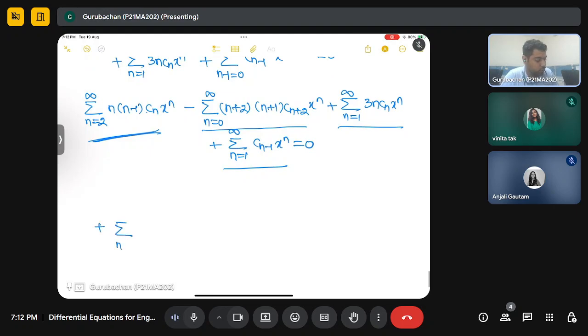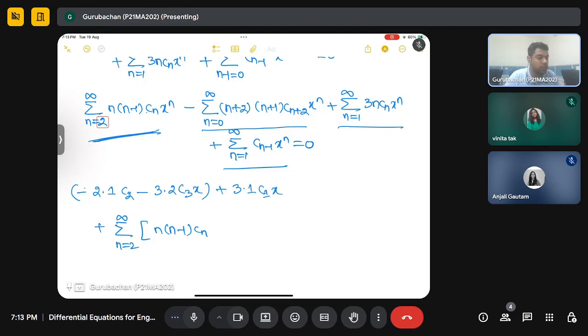We just put n=2 to infinity, one expression, and it will contain n into n minus 1 Cn. While here, when you put n equal to 0, you will get 2 into 1 C2. When you put n equal to 1, you will get 3 into 2 into C3 x to the power 1. This expression is starting from x to the power 1, so it will give you 3 into 1 C1 x.